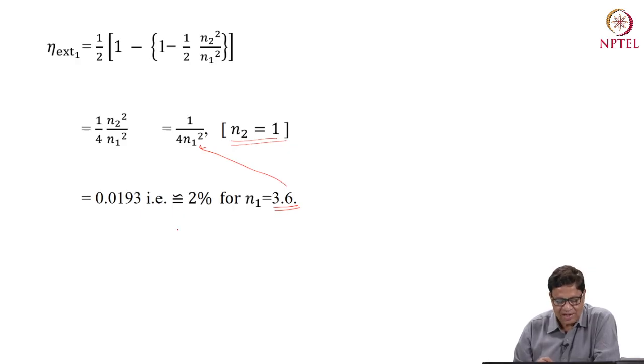So because of the total internal reflection, only part of the light is coming out of the device, about 2% of the light which is generated inside. So this part gives you 2% efficiency.